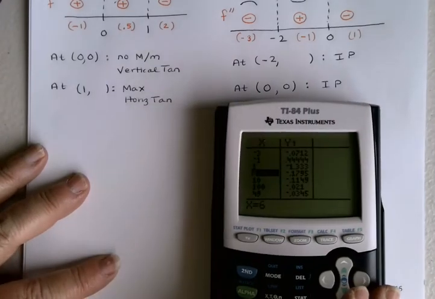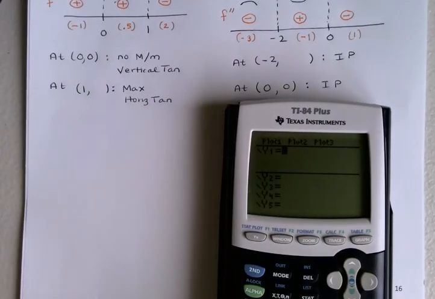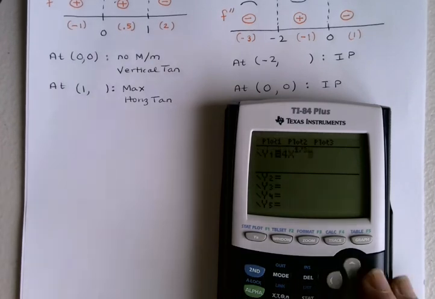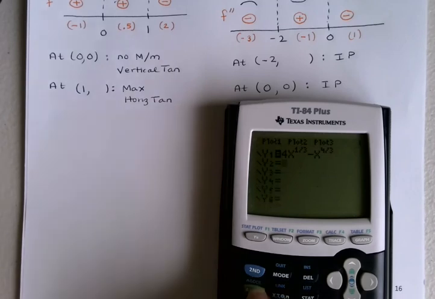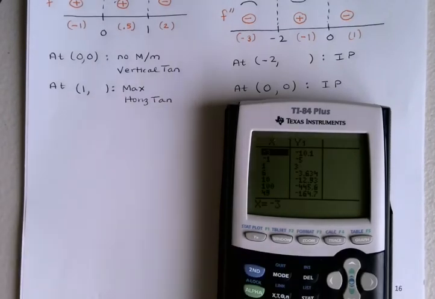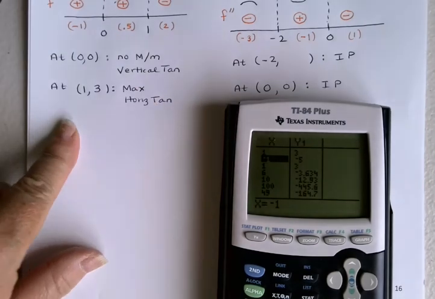So one more time in the calculator, I'm now going to put the original function in so I can get y values. That was 4x to the 1/3 minus x to the 4/3. And when x is 1, y is 3.